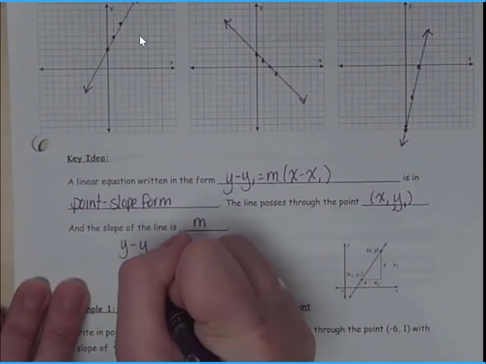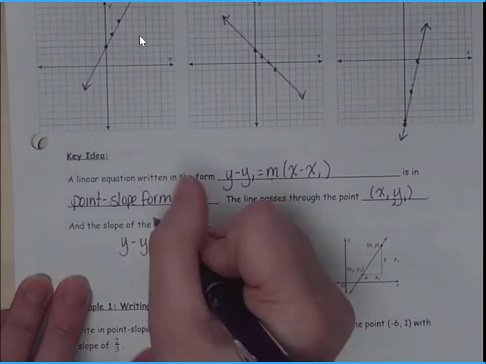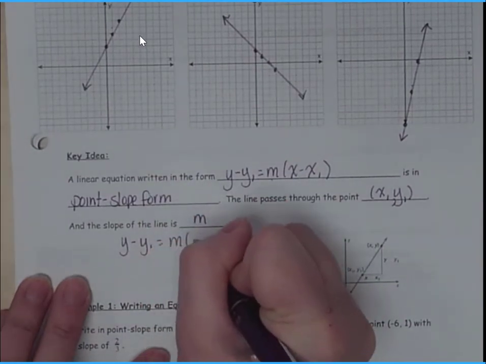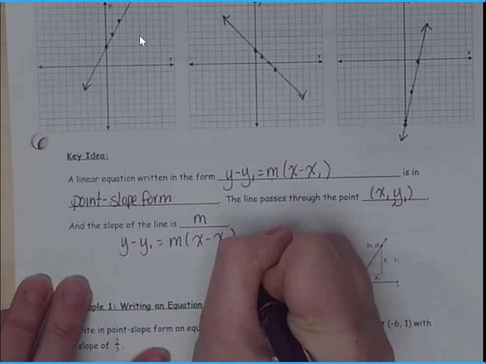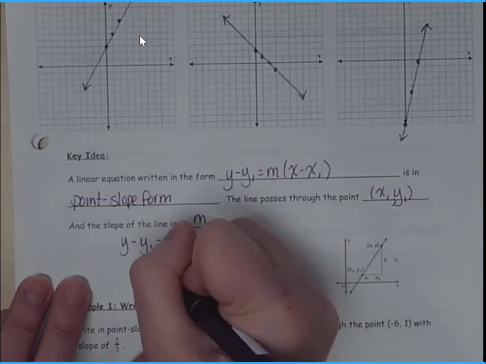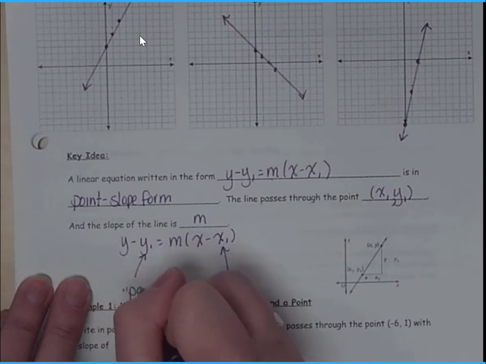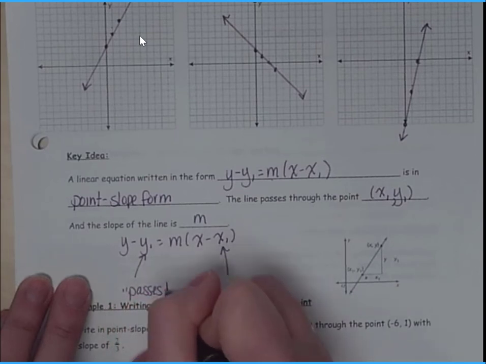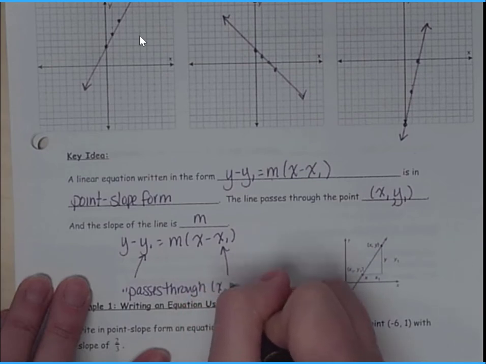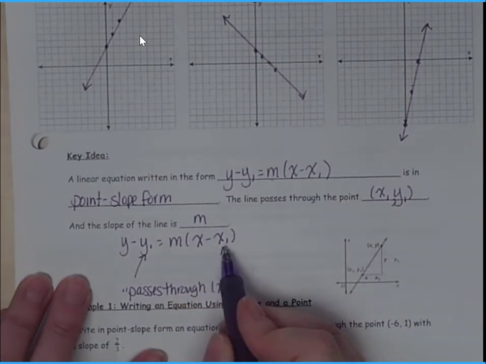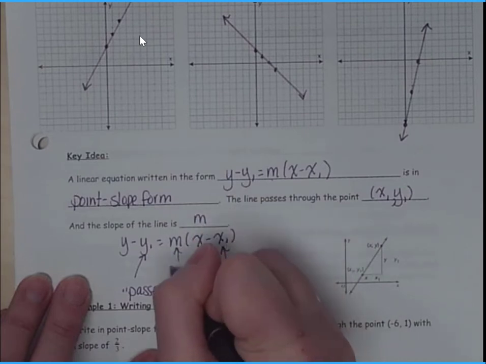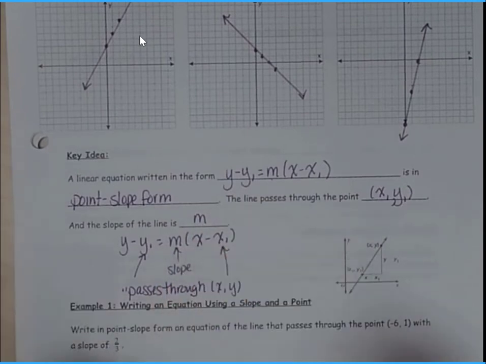If I take a look at this one more time, I have y minus y1 equals m times x minus x1. You're going to see the term passes through an x and a y point, okay? And m is our fabulous slope.